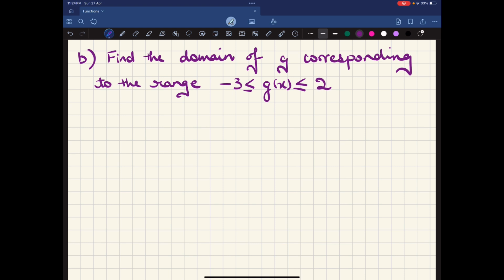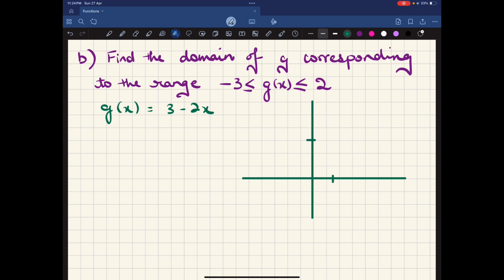Okay, so our function was 3 minus 2x. We'd already sketched it. I'm quickly going to resketch it. This is 3, this is 1.5. Now the question is asking you to find the domain, the range of x values for what?